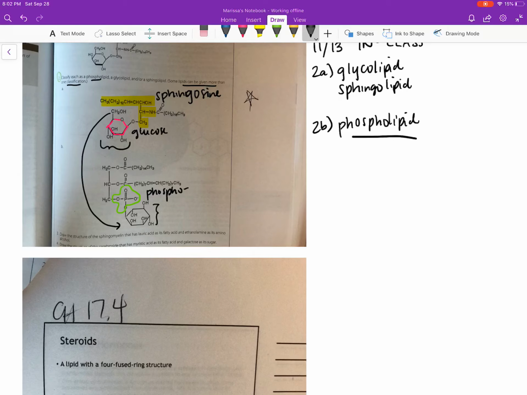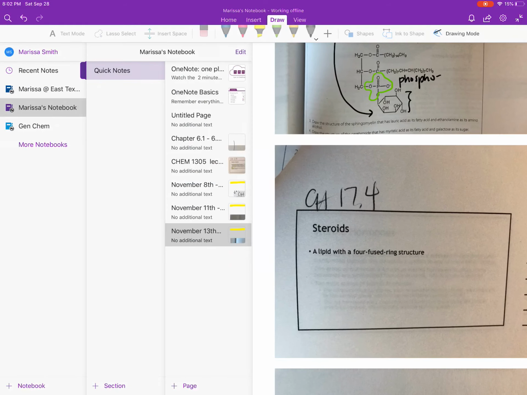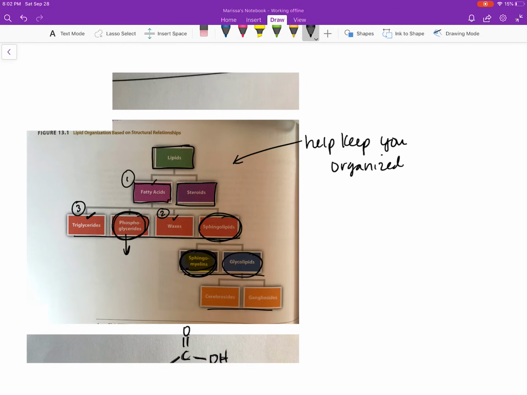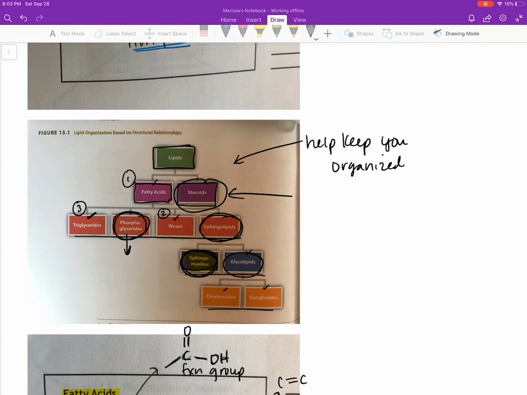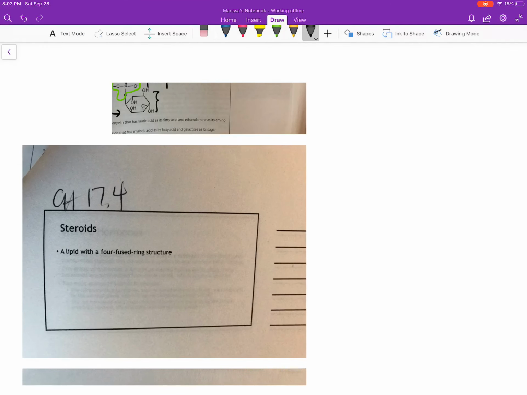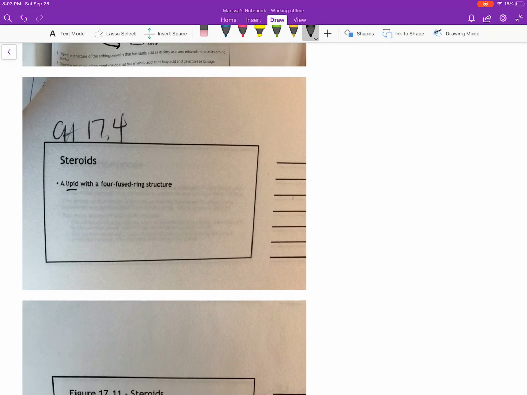Okay, so the last group we're going to talk about are our steroids. If we think back to our organization, we've done this one, gangliosides, glycolipids. The steroids were this last group right here that we were going to save for very last, and here we are. So steroids are a little bit different because it's a lipid that has a 4-fused ring structure.